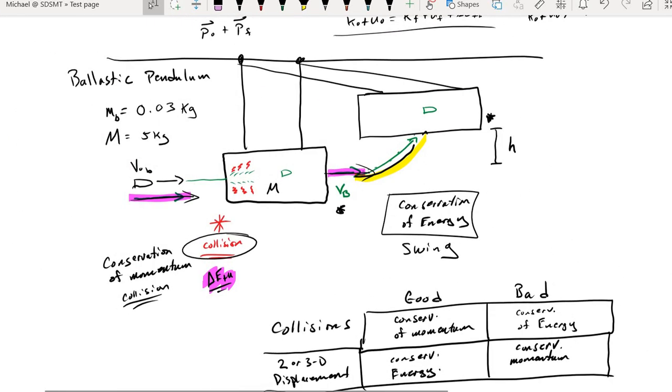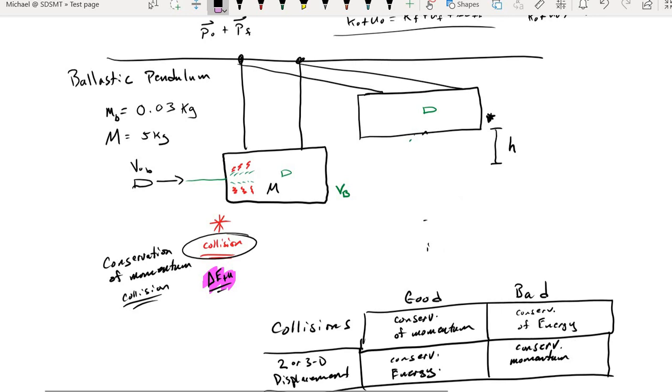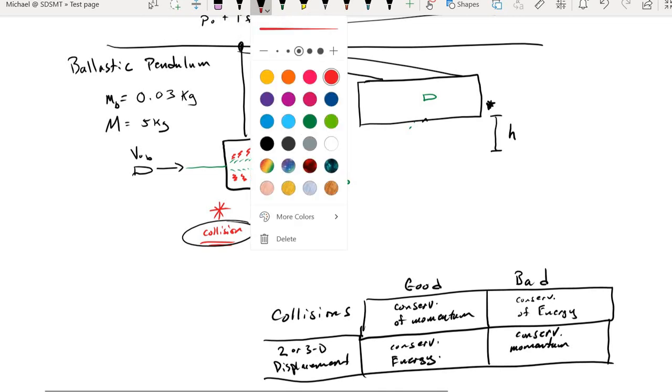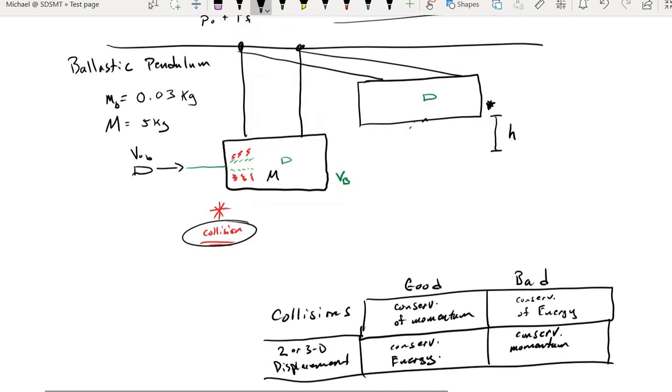All right, well, let's clean up some of what we have here. Need to get my eraser function. I'll clean up a bit of this. And I'm going to mark a couple of spots on our diagram here.